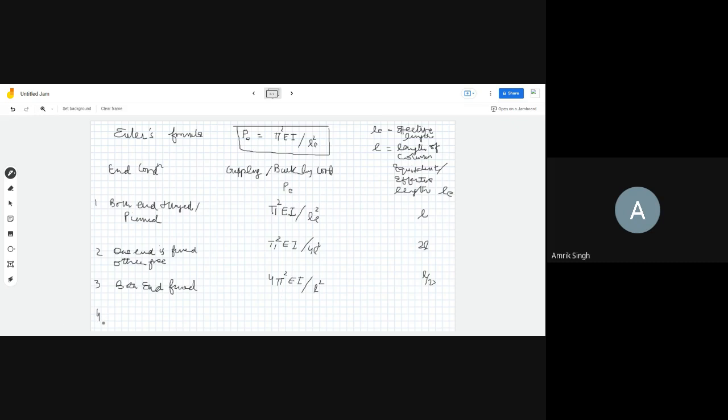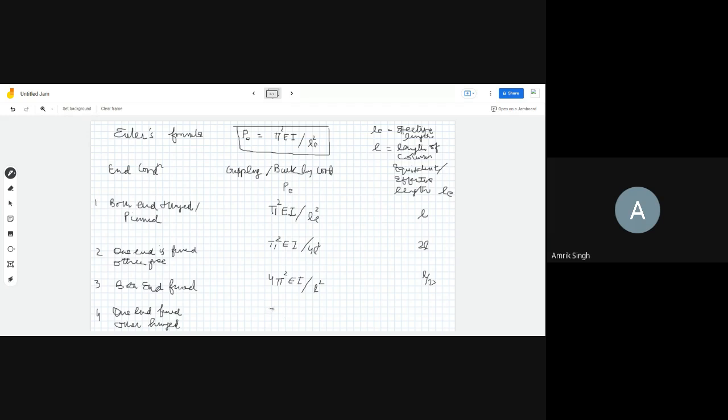And the fourth condition was one end fixed and other hinged.